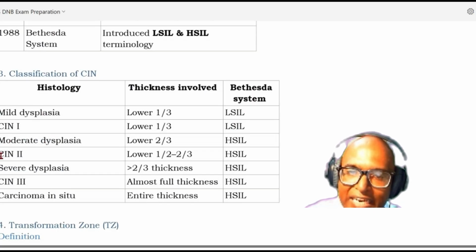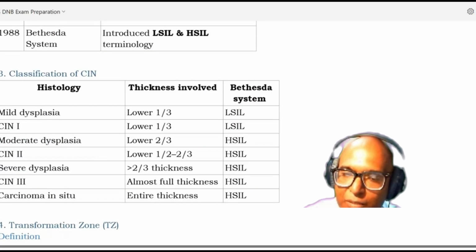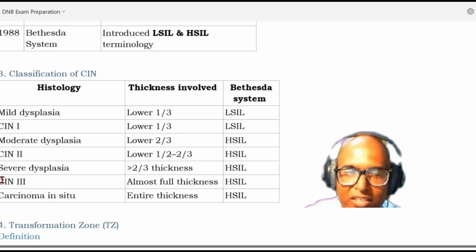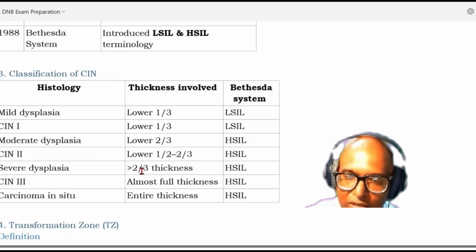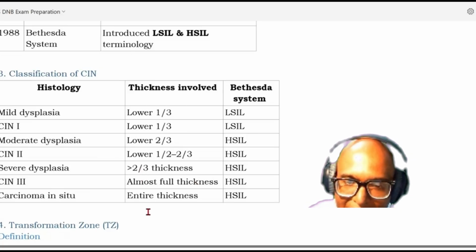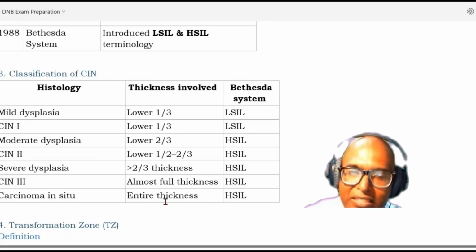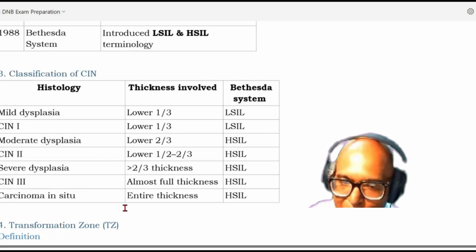Moderate dysplasia and CIN2 is when the dysplastic changes are restricted mainly to the lower two thirds, and as per the Bethesda system, this is HSIL. Severe dysplasia is when the changes are more than two thirds of the thickness, while CIN3 is almost full thickness, and in carcinoma in situ the entire thickness is involved, but there is no break of the basement membrane.